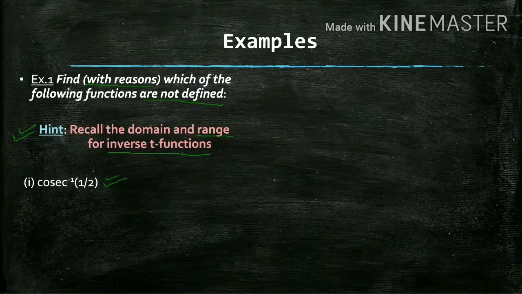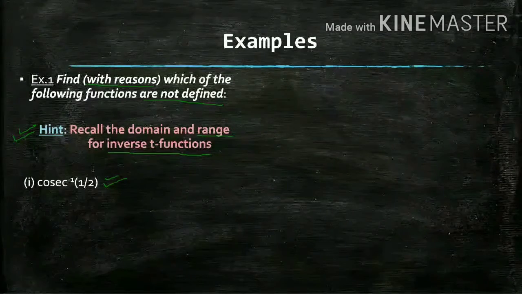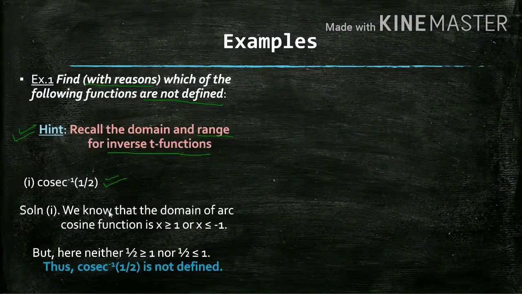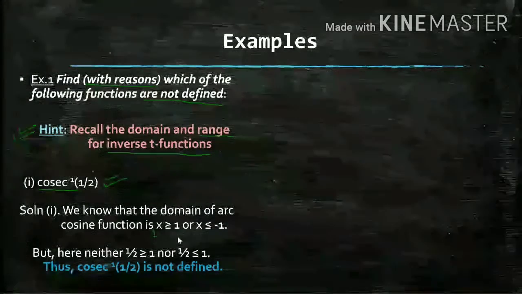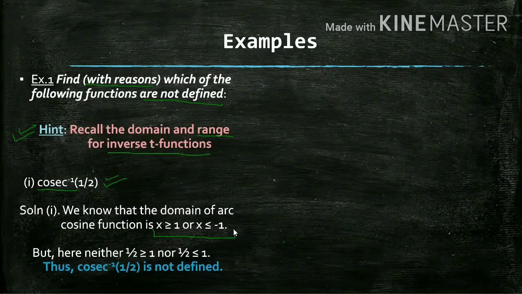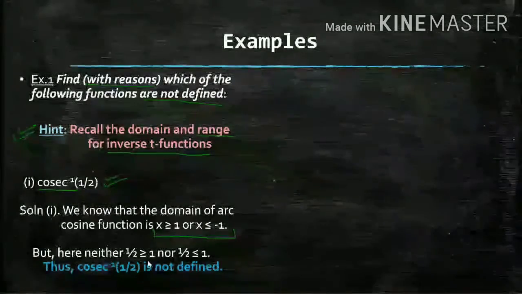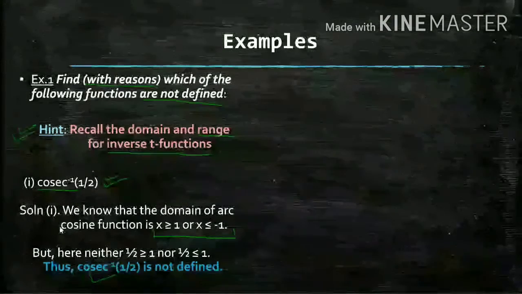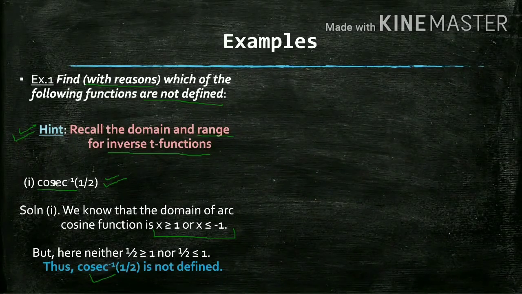For that, you need to just verify whether it is having the domain or not. Now, you know that the domain for the cosec function is this. Greater than or equal to 1, or less than or equal to minus 1. But half is not lying in this domain. So that means it is not defined. This is the reason you will tell. With reason, no? This is the reason.